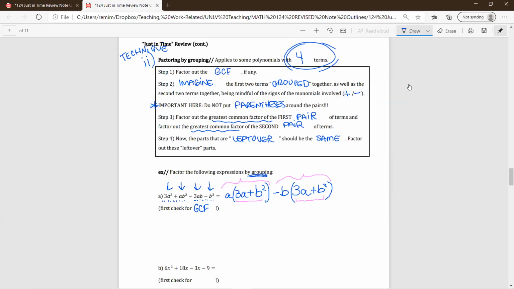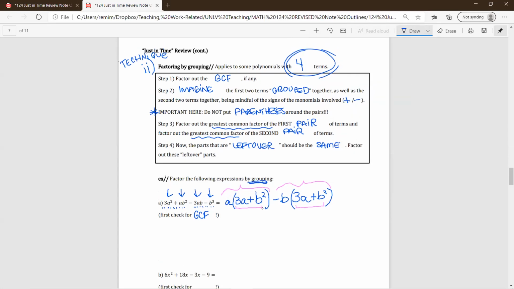What does this first whole part and this whole second part have in common? What's their GCF? Well, they both have the 3a plus b squared in common.